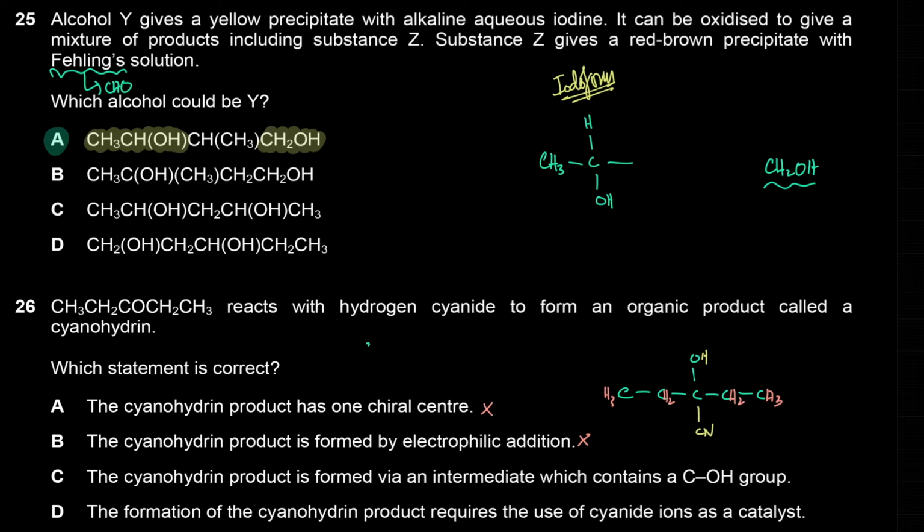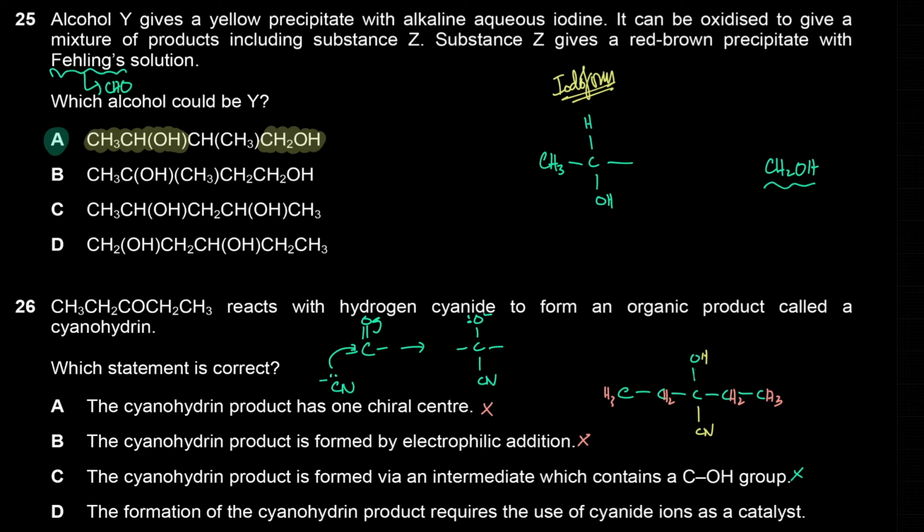In the first step of this reaction, the CN minus attacks the carbon, and the intermediate looks like this. So it doesn't have an OH group. So that's incorrect. The formation of the cyanohydrin product requires the use of cyanide ions as a catalyst.